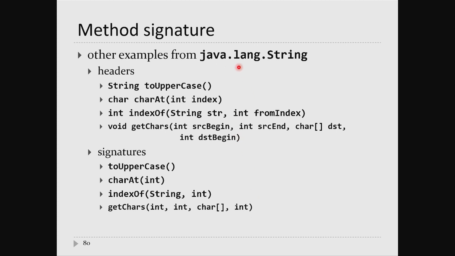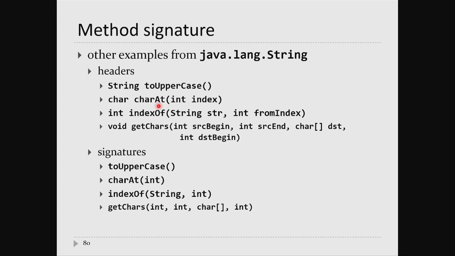Okay, so what other signatures are there? So here's your method in string, right? It says it returns a string, its name is toUppercase. What's its signature? Well, it's just the name of the method followed by the types in its parameter list, so there's no types. What about charAt int x?